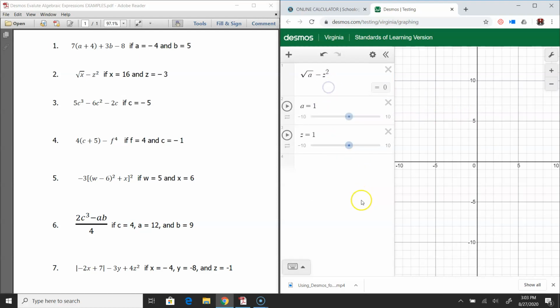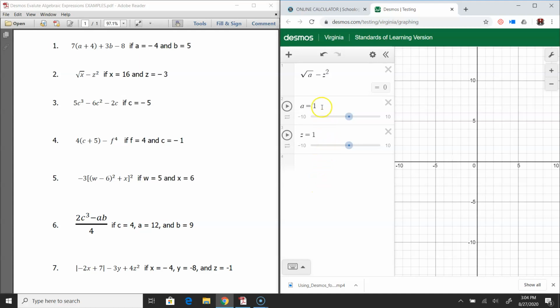And now it will let me add a slider as well for a. So for problems that have the variable x, let's use another letter in its place. You would have to be careful about what letter you choose, because if a was in the problem somewhere else, you wouldn't want to use that same letter.